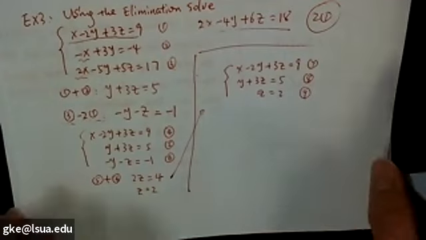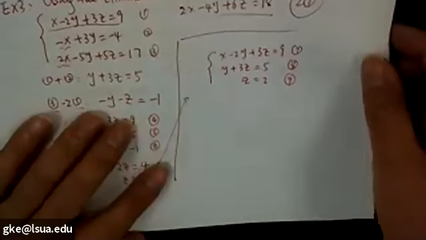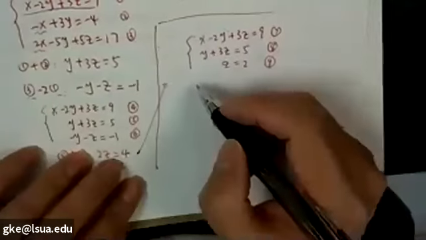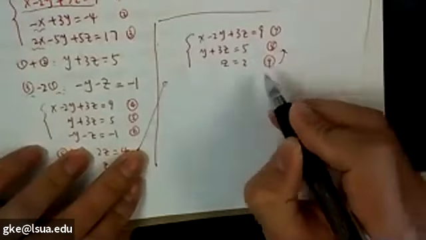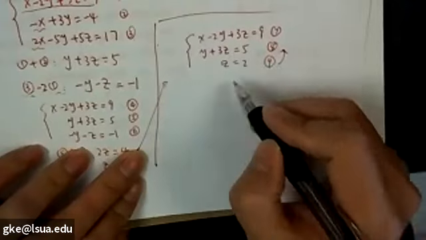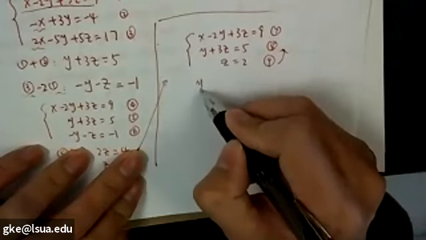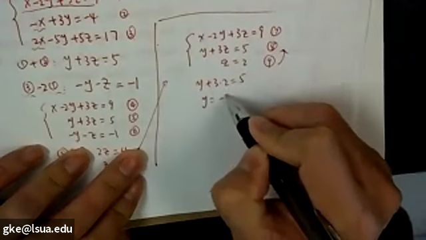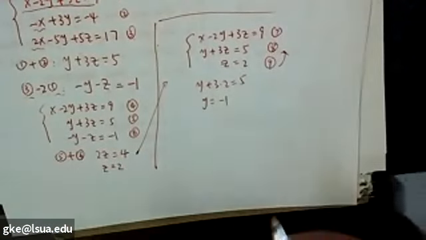Okay, I'm going to show you the answer. So here we substitute this z into equation 8, and we get y equals -1, right?